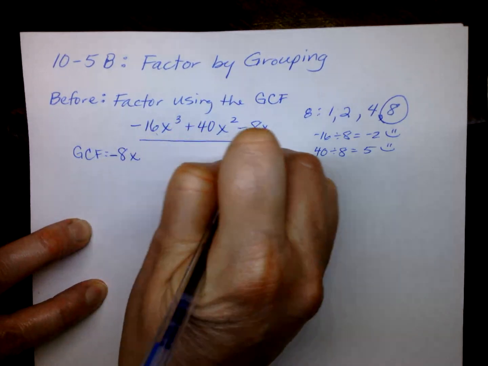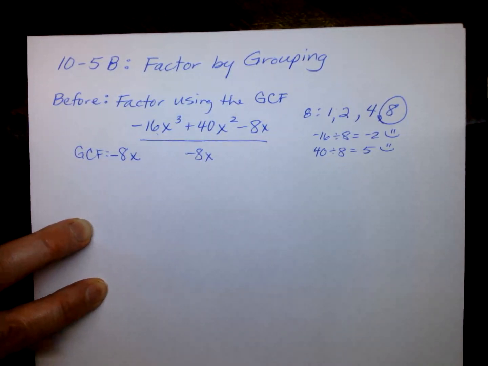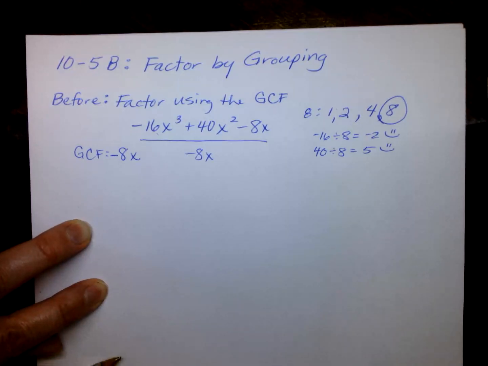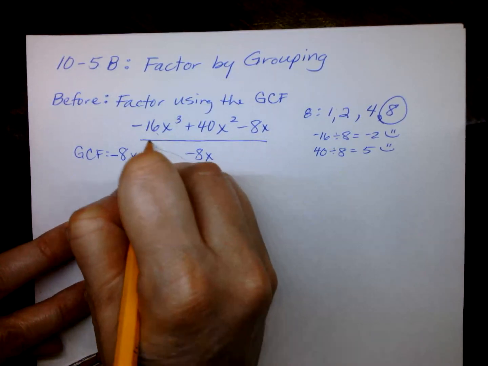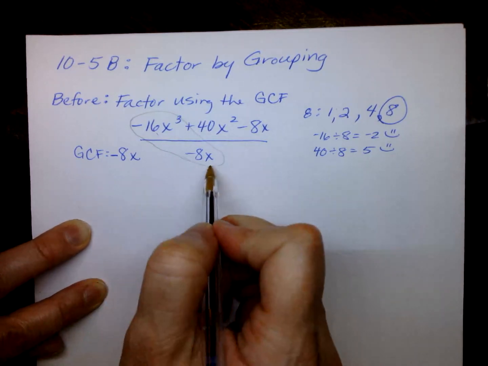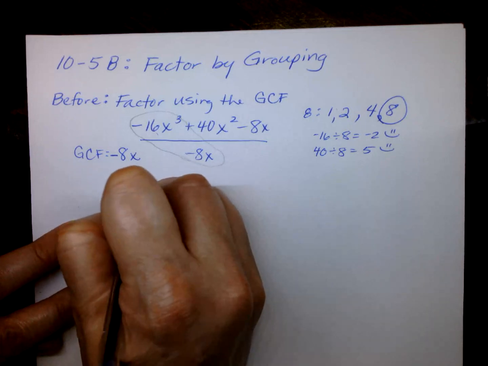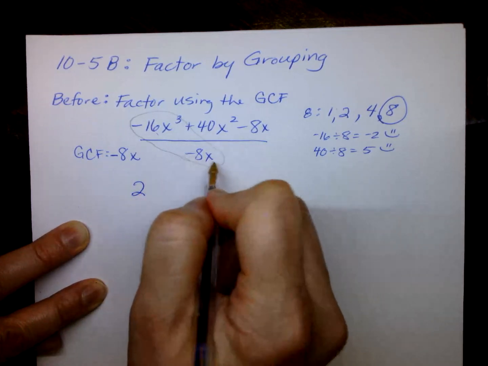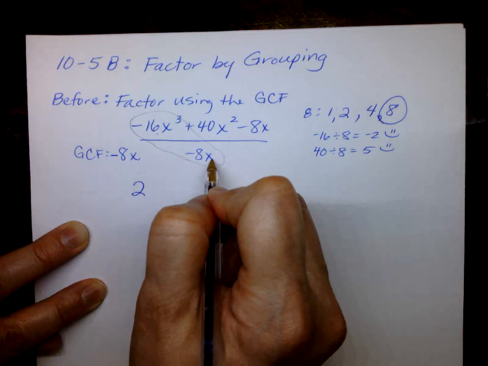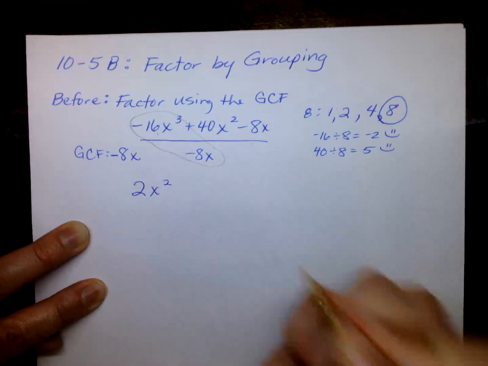Now, I'm going to write that GCF underneath the entire polynomial, and then we're going to divide 3 times. The first one is negative 16x to the third divided by negative 8x. Negative 16 divided by negative 8 is positive 2. And then x to the third divided by x cancels off one pair of x's and leaves x squared behind.